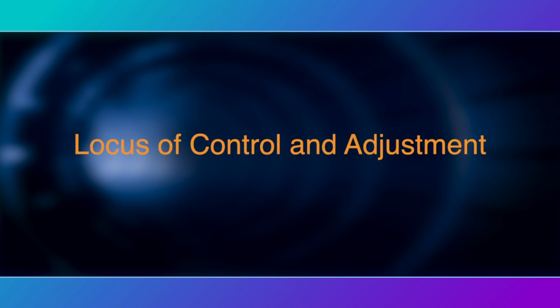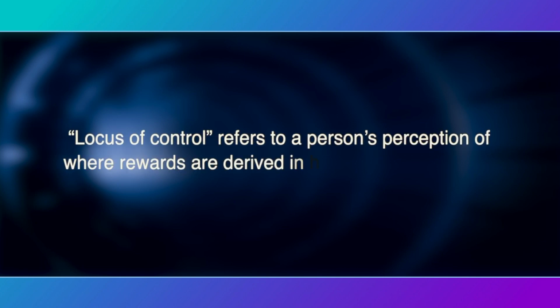Some important points that make us understand how many problems are faced by children with learning disabilities in respect to their adjustment include locus of control and adjustment. The term locus of control refers to a person's perception of where rewards are derived in his or her environment.